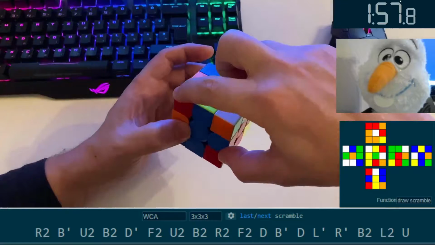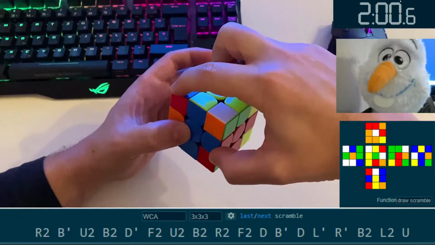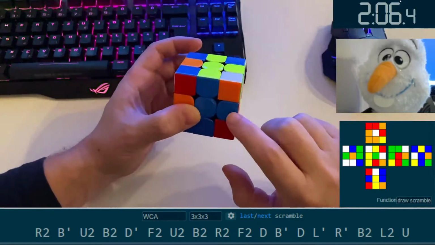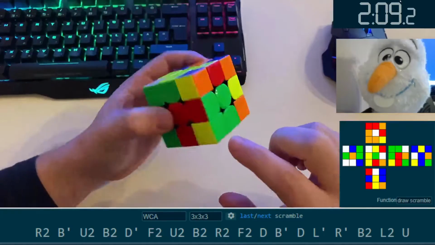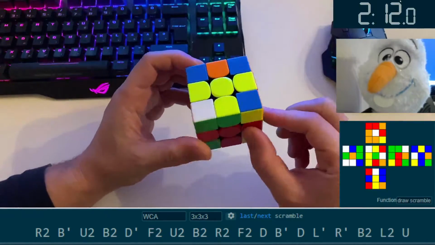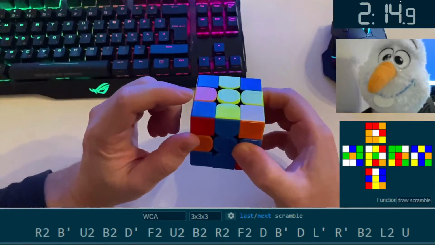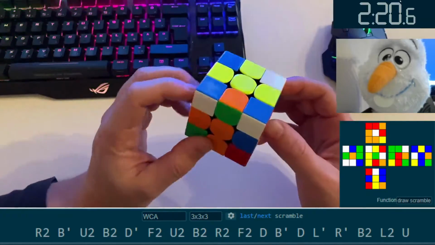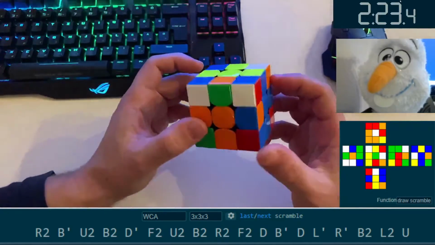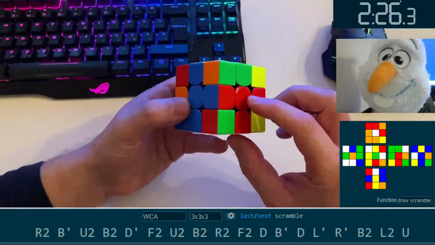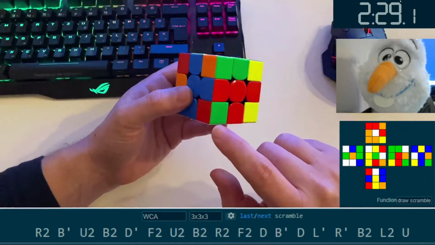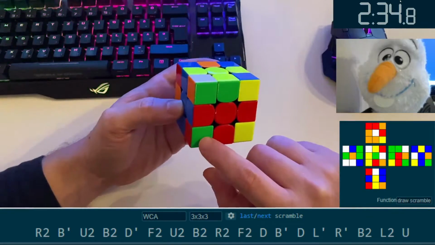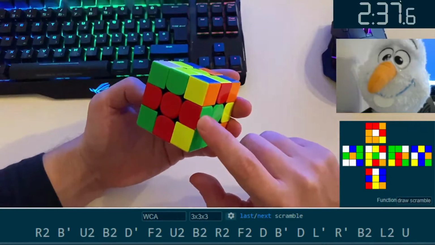Okay, we've got this pair, which is really easy and nice, and we've got this edge, and so the blue and red can be easily solved using keyhole, and we will do that because keyhole is always nice, and then we will pick out the red green one, and we will solve that with a keyhole too.